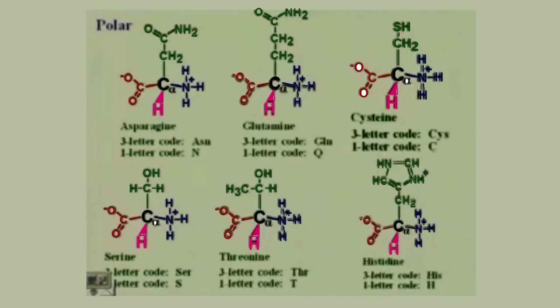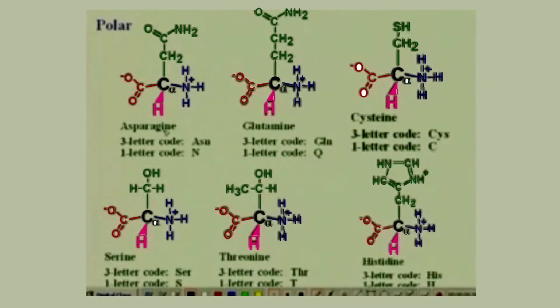Now, if we go back to look at the side chains that comprise this polar group of amino acids, each of these has an oxygen or a nitrogen attached to it. We have, of course, the common part of each amino acid. The asparagine side chain. In the asparagine side chain and the glutamine side chain, this being the common part again, we have amide groups.